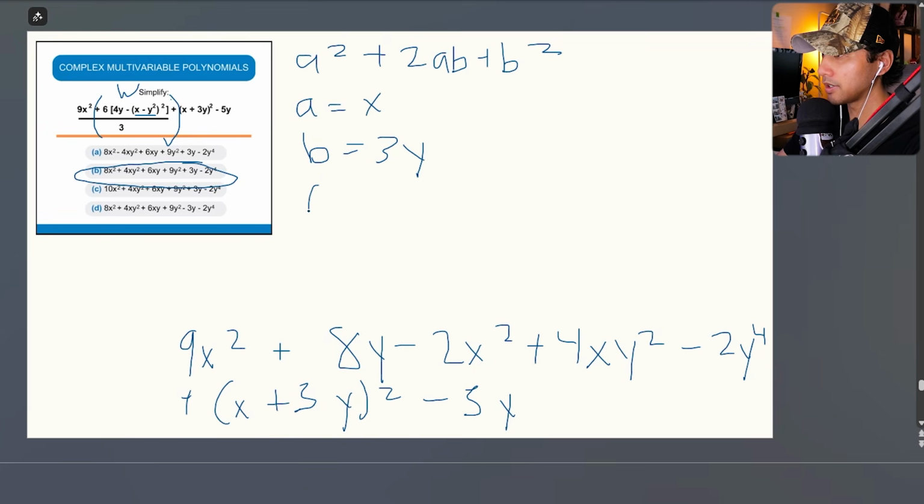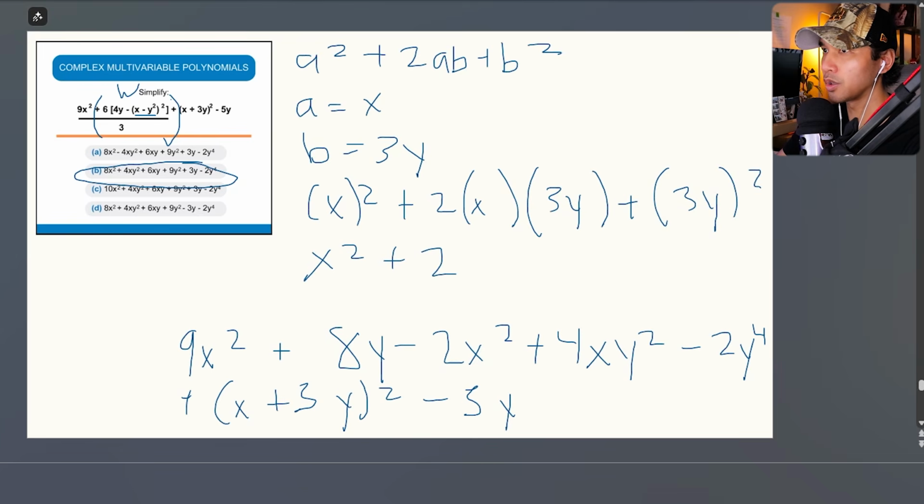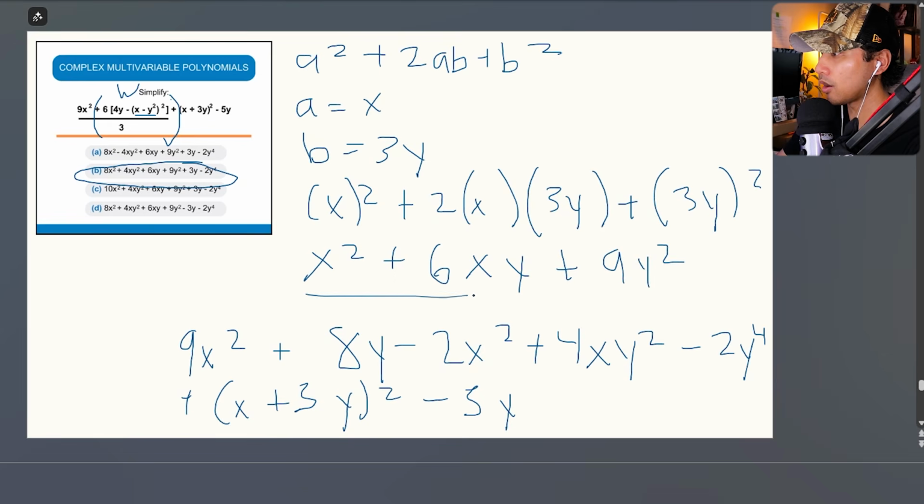And then you have x squared plus 2 times x times 3y plus 3y squared, which equals x squared plus 6xy plus 9y squared. Add all this and replace it with this. I'm going to highlight it for you guys.